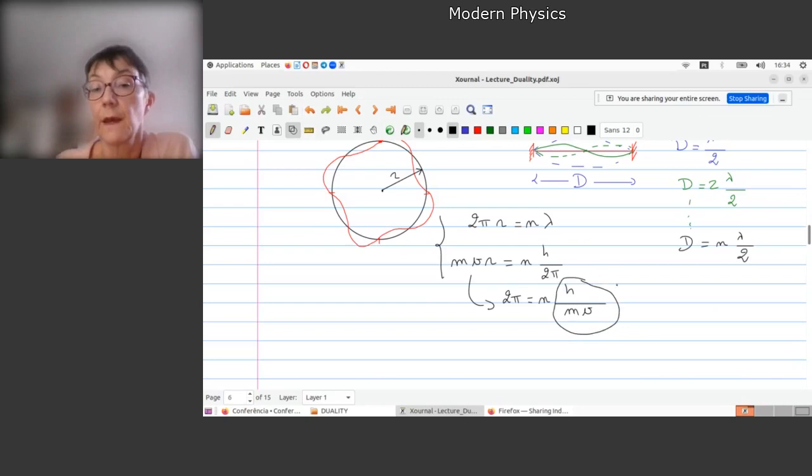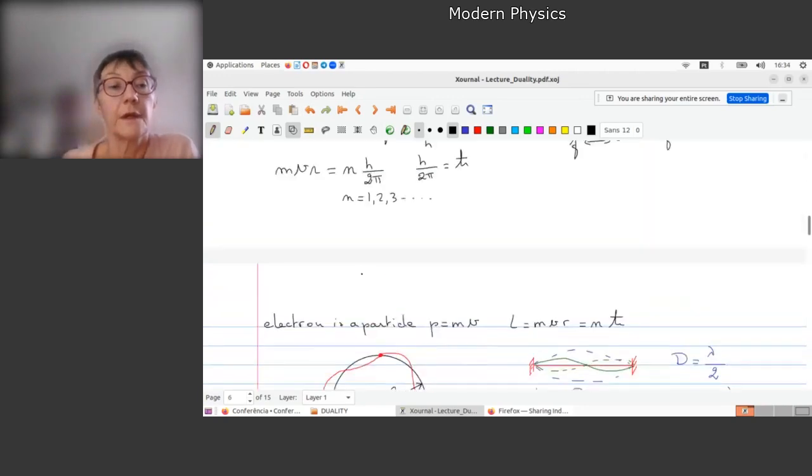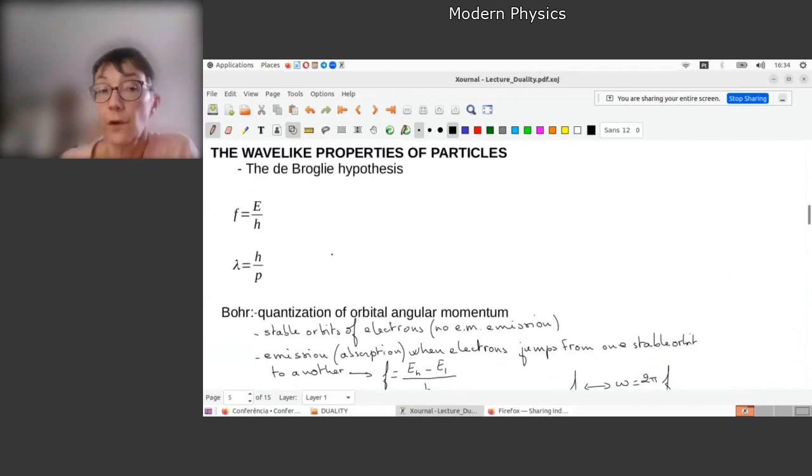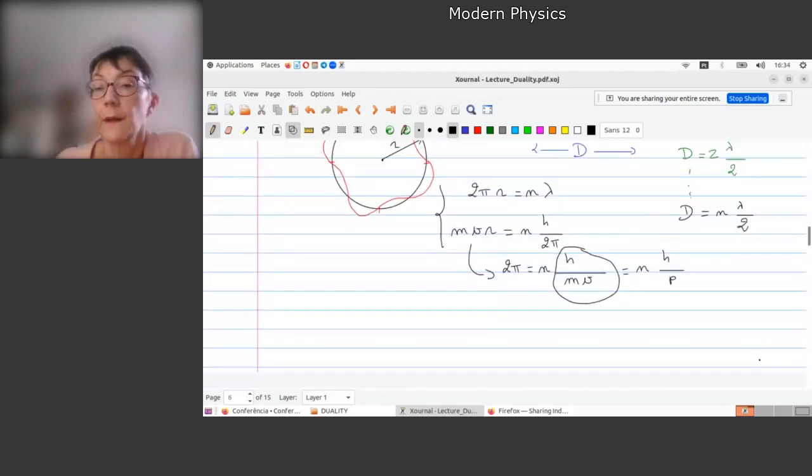This is n h over p, and h over p, for our electron, following the de Broglie hypothesis, would be its wavelength. And I will put here lambda de Broglie.